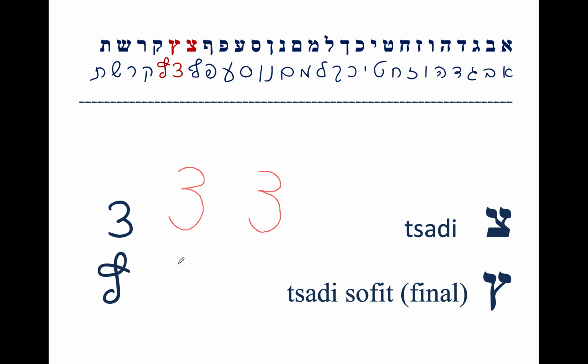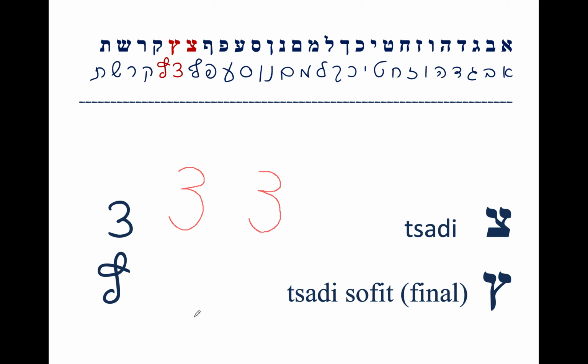Tzadi. Make sure when you write tzadi, it should be a little bigger than the rest of the letters. Okay, not too big, but a little bigger. Kind of like you wrote the letter tet, and the letter lamed, around that height.